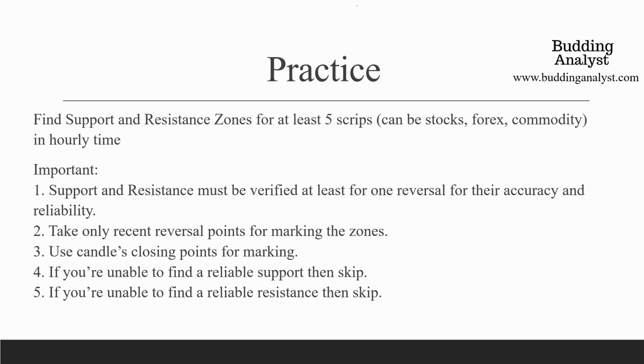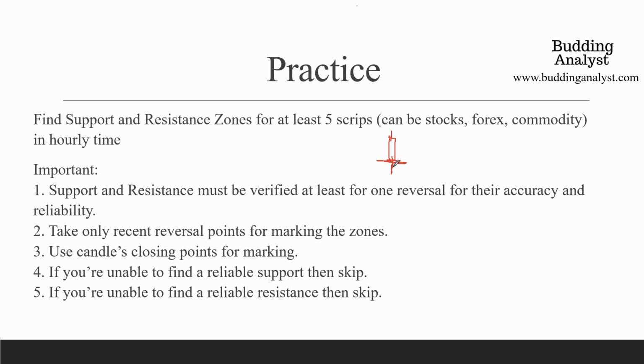The next thing is to use candle closing points for marking. Suppose this was your candle and this was your wick over there. We'll use this level to mark our zones, not the wick. Why?